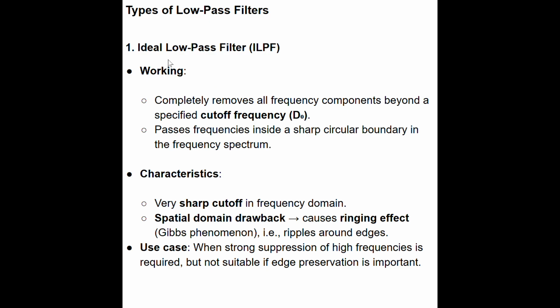That is how the low pass filter is working. It will pass the frequencies inside a sharp circular boundary of the frequency spectrum. The characteristic of the ideal low pass filter is that it provides a very sharp cutoff in the frequency domain.